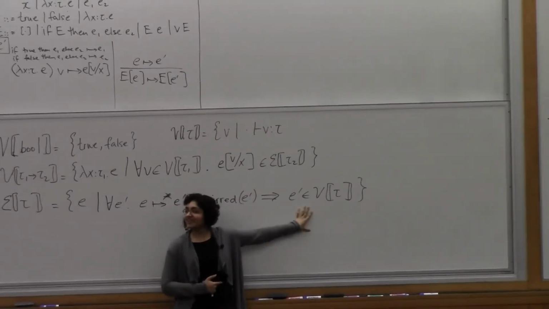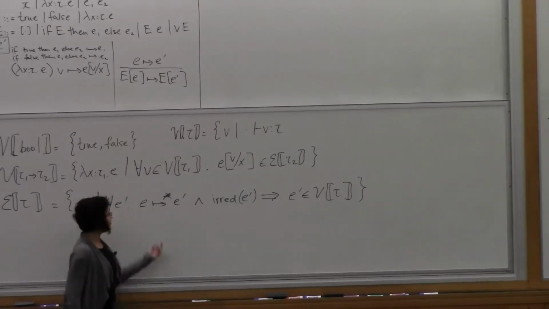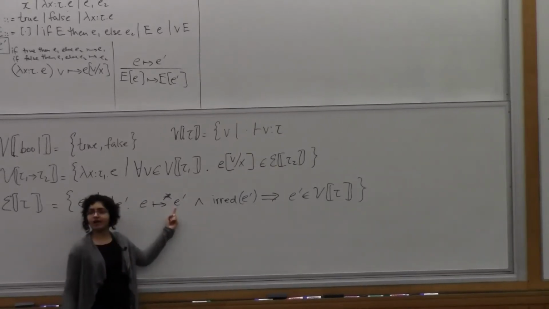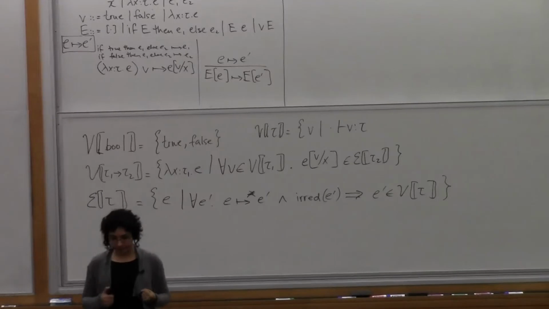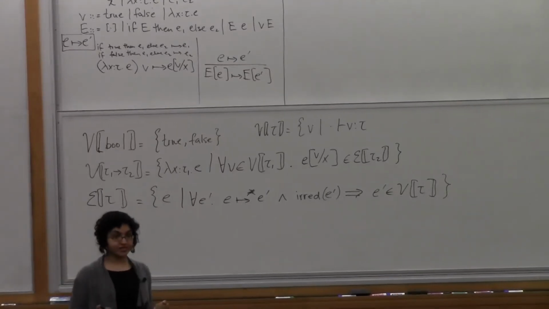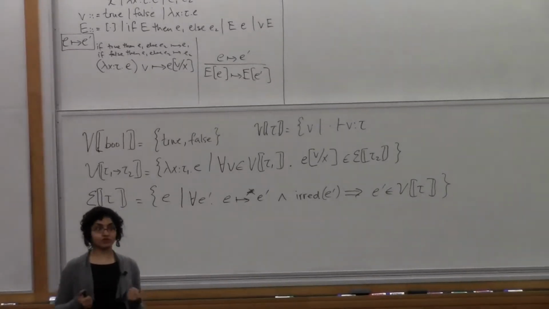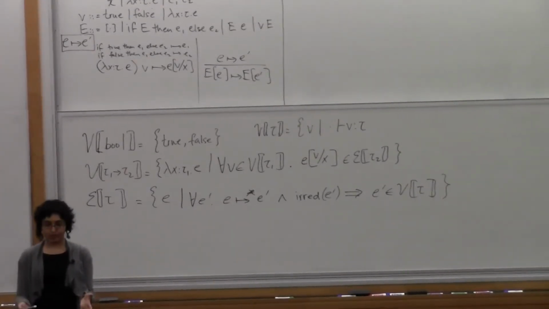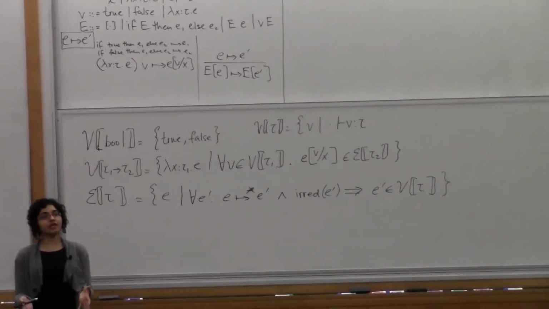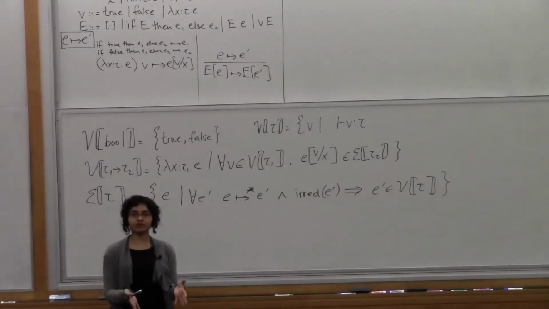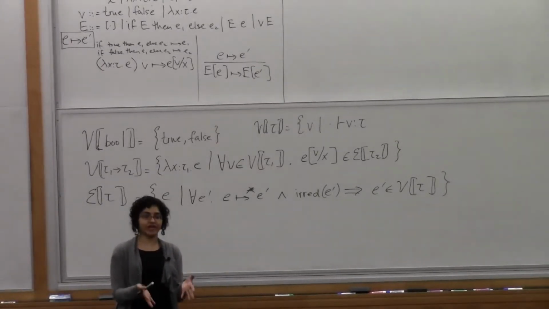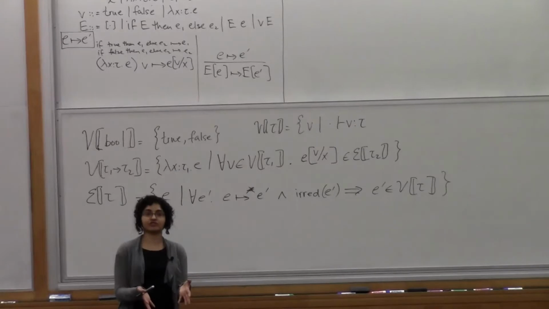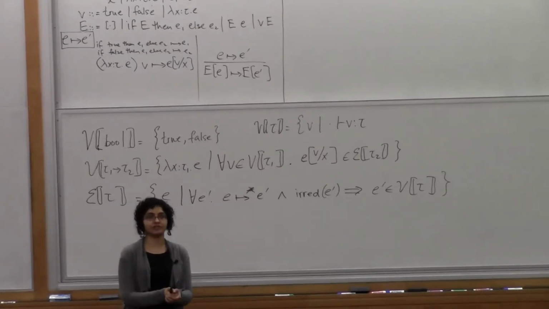You could say, why didn't I just write V here? Well, because I'm trying to build a logical relation with which I can prove type safety. What I'm trying to prove is that you take a bunch of steps and you get somewhere where you can't take any more, and then I will show you that this is, in fact, a value state that you've reached. It's not an arbitrary stuck state.